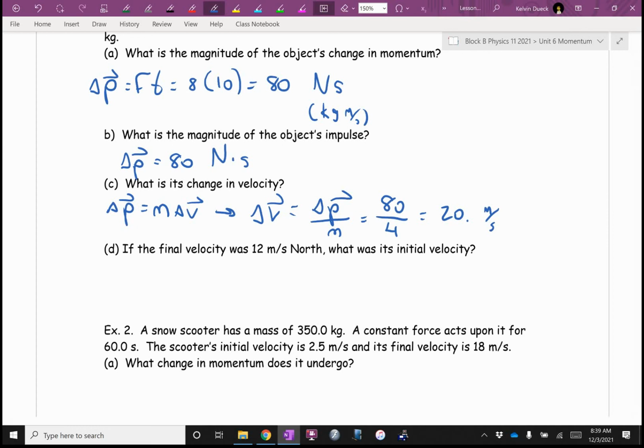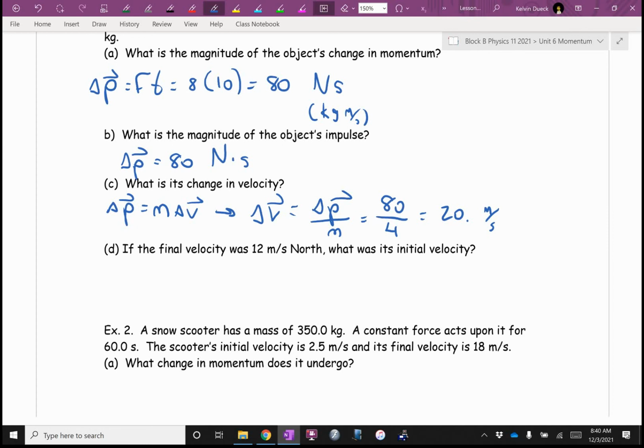If your final velocity is positive 5 and your change in velocity is positive 20, what was your initial? Positive 25? Let's see. If your final was 5 and your initial was 25, that would be a change in velocity of negative 20. 5 minus 25, final minus initial. It's negative 20.